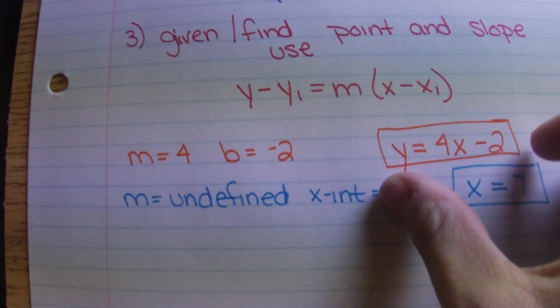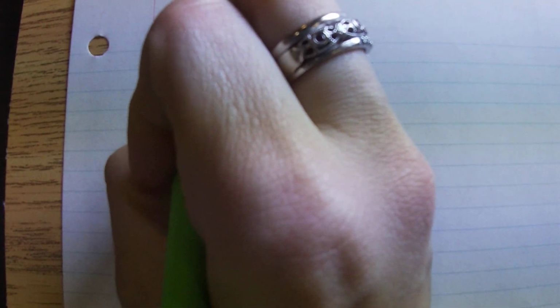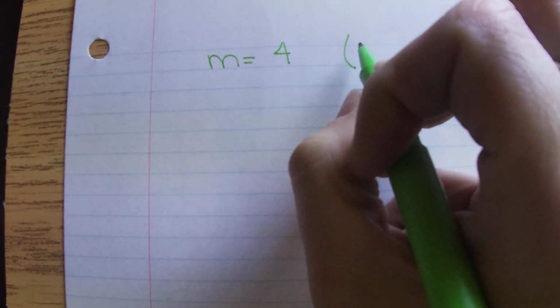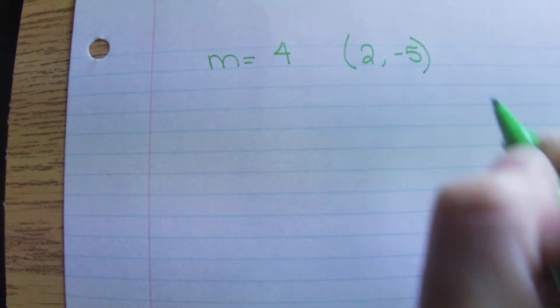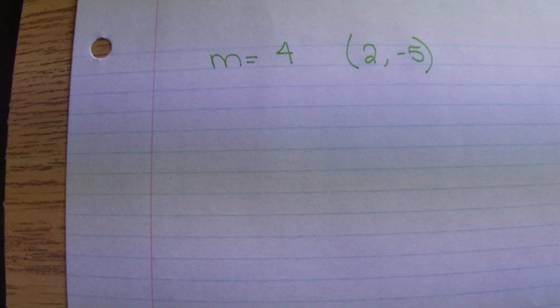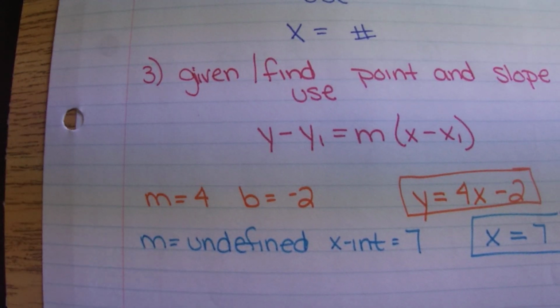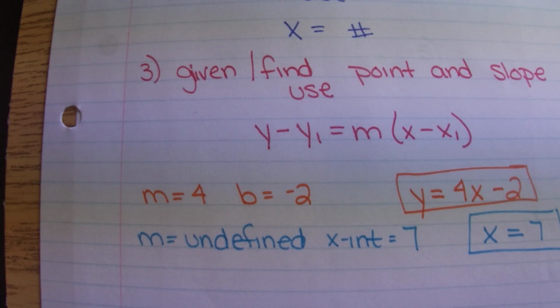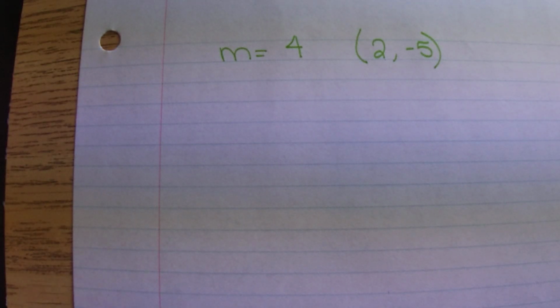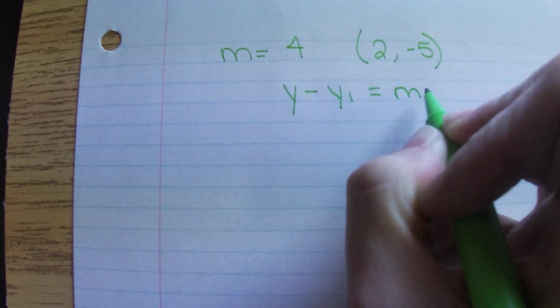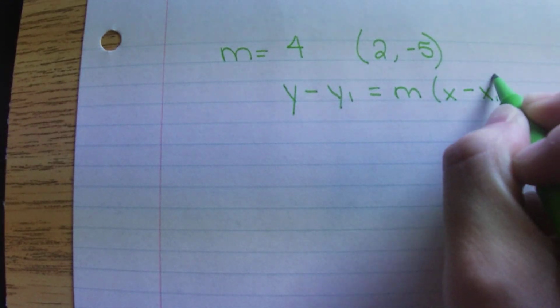Then we had our more complex options, okay, where maybe we were told to write the equation of a line where m equals 4, and it would pass through the point 2, -5. Okay, so that was option 3. And that meant that we needed to plug into point slope form. So if we want to plug into point slope form, our y minus y sub 1 equals m times x minus x sub 1.